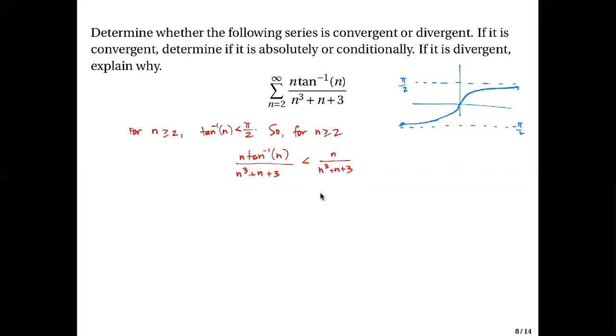Furthermore, since we add a positive number to the denominator, the fraction gets smaller. So this will be less than n over n cubed, and n over n cubed is just 1 over n squared.